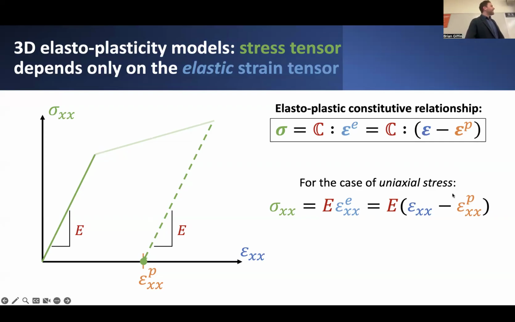Okay, and again here it says that in the one-dimensional case, it's just proportional to total strain minus the plastic strain. Okay, so that's the simple case of coming up with this multiaxial plasticity stress-strain relationship.